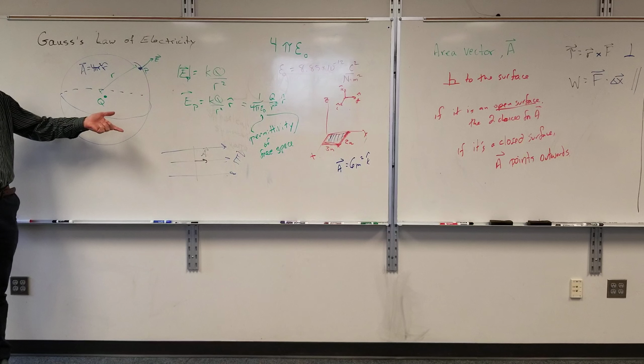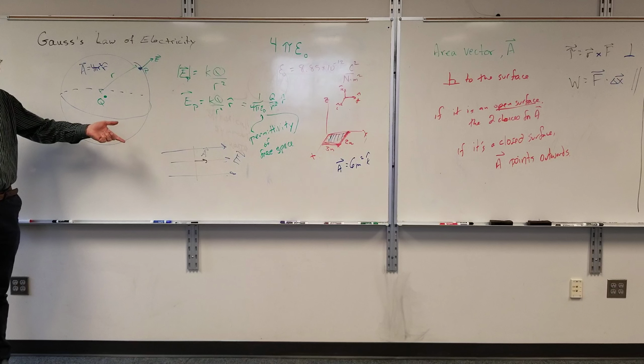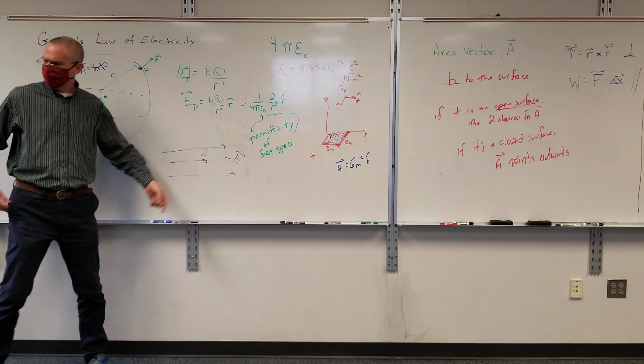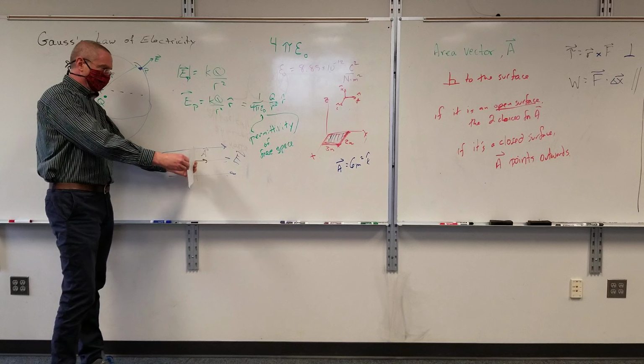Dot products or cross products, if those are the directions of my area vector and electric field. It looks like you've drawn the area to be like this, right? As opposed to this or this. I drew the area that way. My piece of paper is like this. Okay.